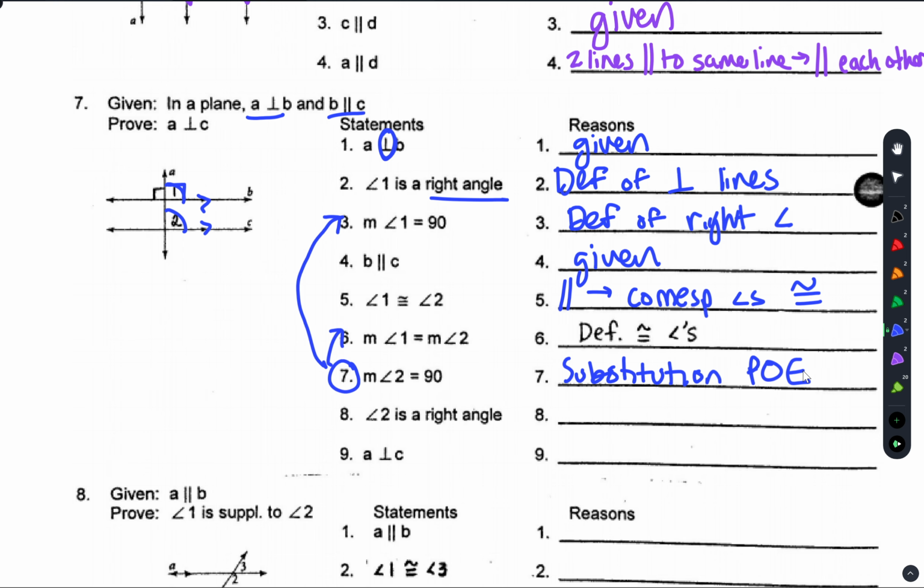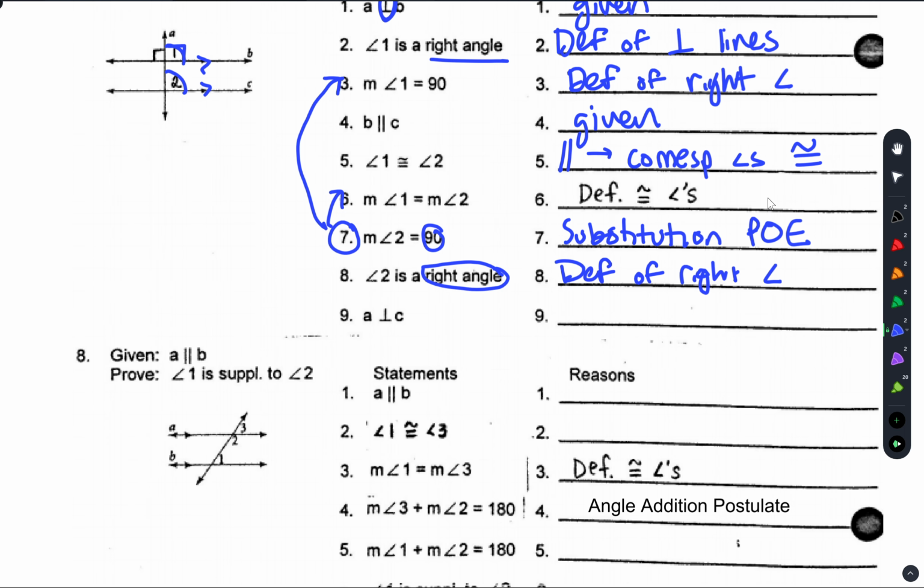Number 8. Angle 2 is a right angle. Gotta think backwards here. Remember, our definitions work both ways, Caitlin? Yeah, I'm saying that it's a right angle in step 8, but really I'm defining what 90 degrees means. So this is the definition of a right angle.